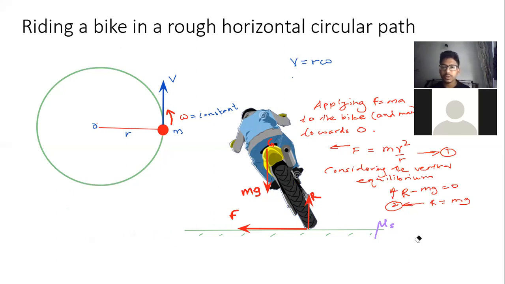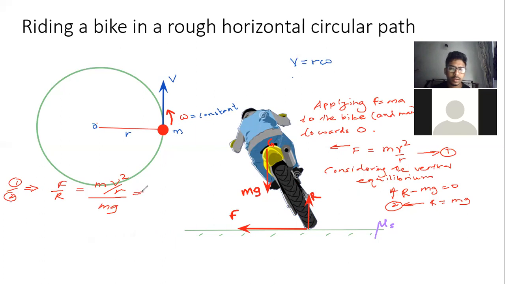Now I'm going to divide equation 1 by equation 2. That gives F over R equals mv squared over r, the whole thing divided by mg.